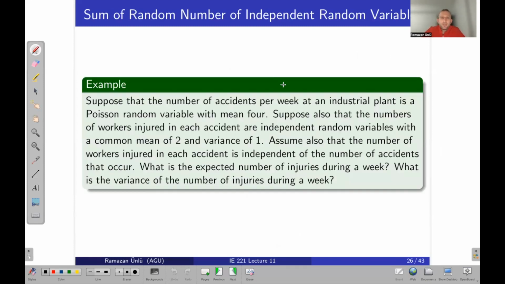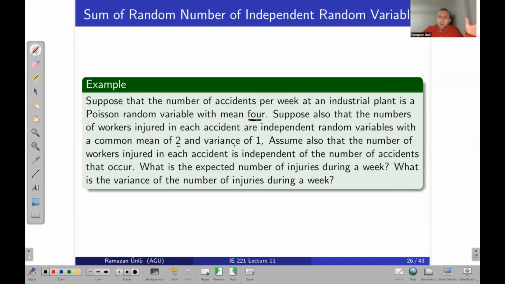And let me give you an example to show how we can use that one. Suppose that the number of accidents per week at an industrial plant is a Poisson random variable with the mean 4. And suppose also that the number of workers injured in each accident are independent random variables with a common mean of 2 and the variance of 1.